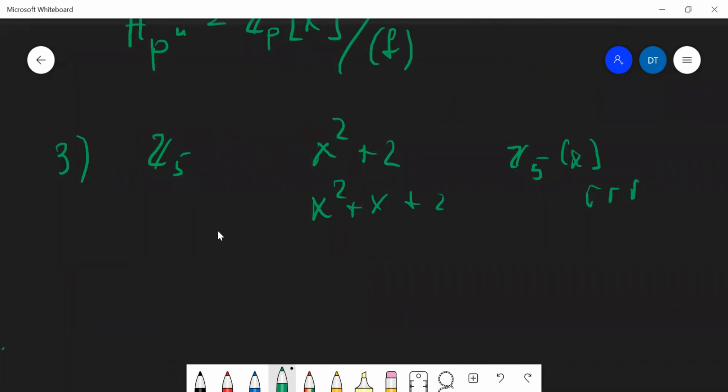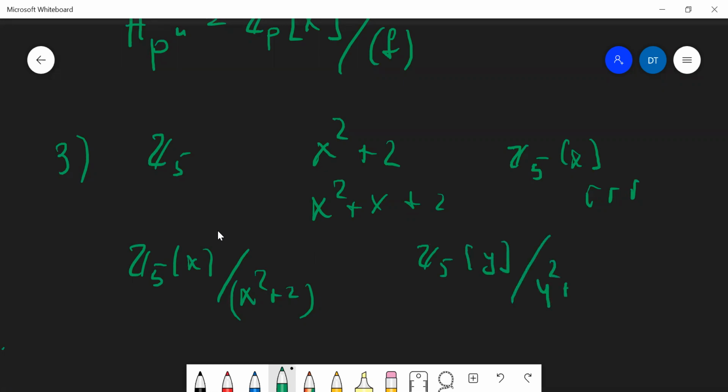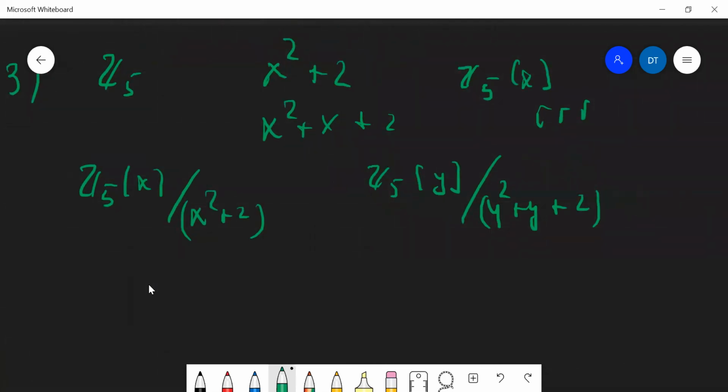On one hand, you may produce F_25 as Z_5[x] modulo x squared plus 2, or you can produce it as Z_5[y] modulo y squared plus y plus 2. These are exactly the same set, but with different multiplication.